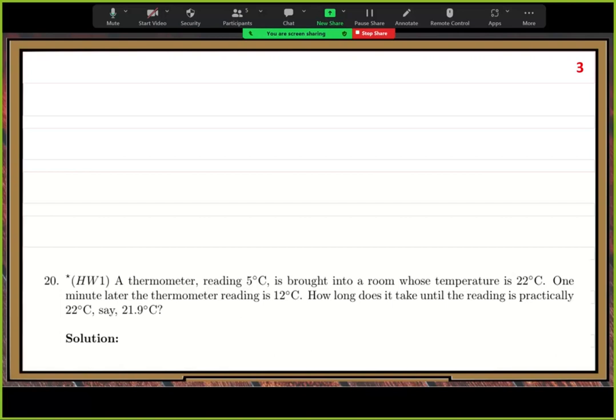Try a little bit and tell me what you feel about it. We know we need to use Newton's law of cooling, right? Everyone knows that. But how to use it? Do you have a confident way to work on it?